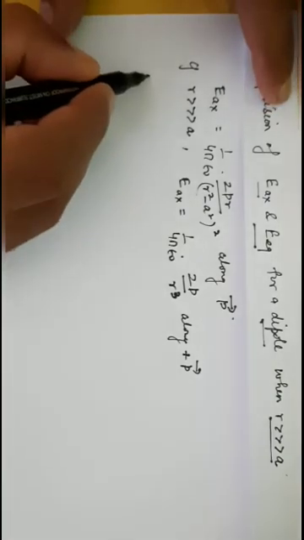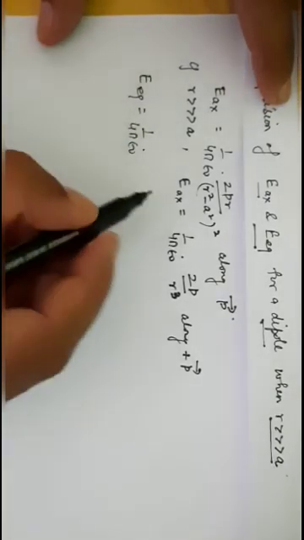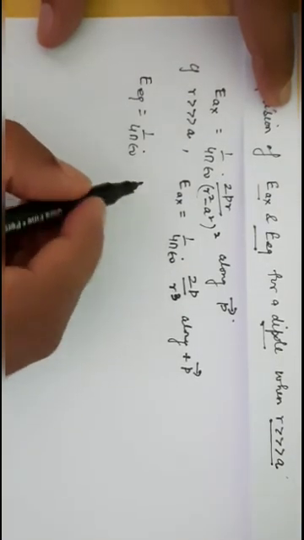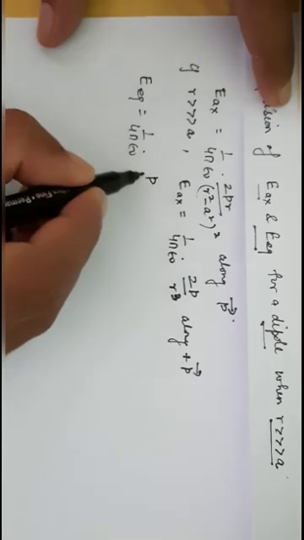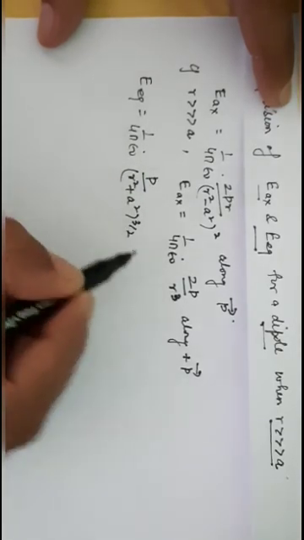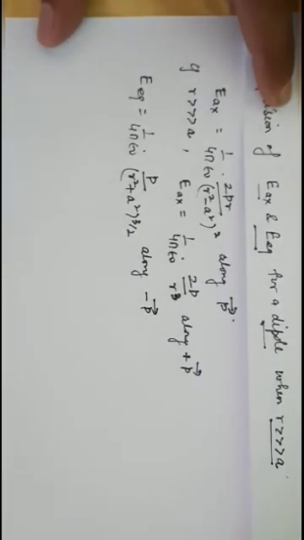Now the electric field on the equatorial line is 1 upon 4 pi epsilon naught. We should remember the formulas of electric field on the equatorial line and axial line. So it is p by (r square plus a square) to the power 3 by 2 along minus p vector, that is opposite to the direction of dipole moment.